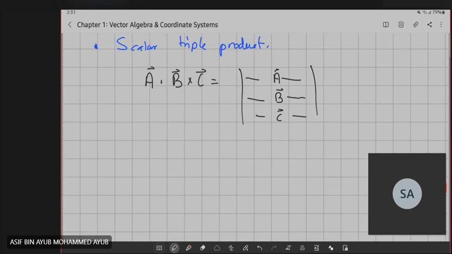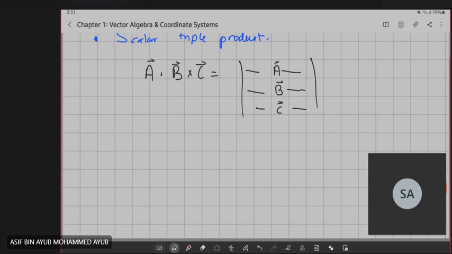Now, what does this mean geometrically? If you have seen the determinant before, you know that if I have B equals A, i.e. these two rows are the same, you get a scalar triple product of 0.